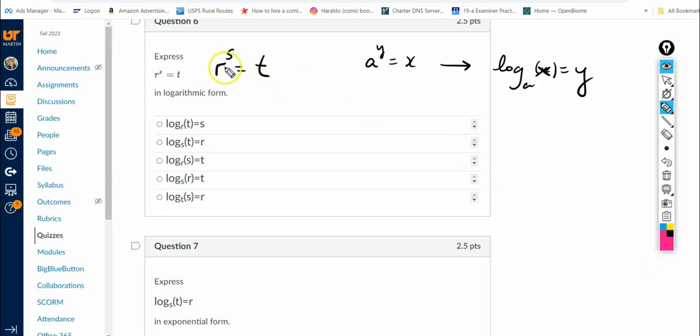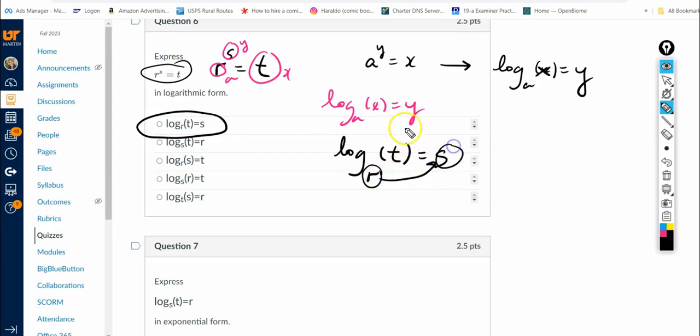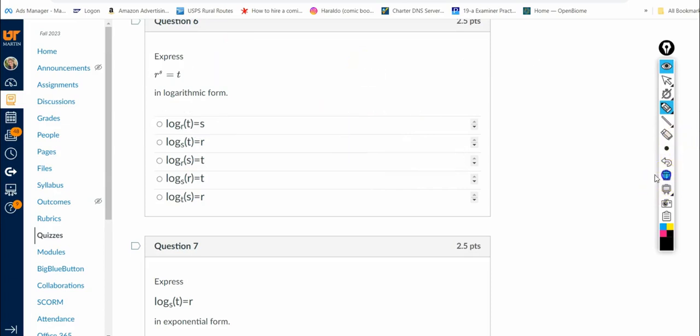I need to identify the A, the Y, and the X, and then write this down, and then go from red to black. Okay. And you should be able to check that you would get this, because how do you get from logarithmic to exponential form? R to the S is equal to the argument. And so, yes, that works. So my answer is going to be the first one there.